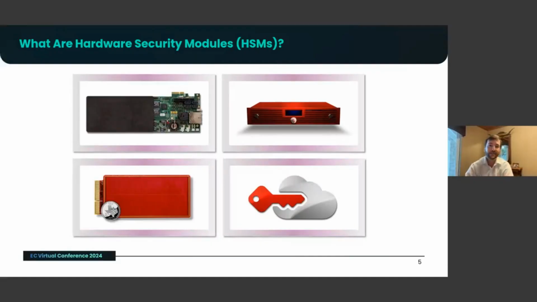So HSMs are designed according to some very rigorous standards within the industry. You see a lot of different ones out there, but in the general purpose world, for all HSMs, FIPS 140-2 level 3, now FIPS 140-3 level 3, is kind of the gold standard.